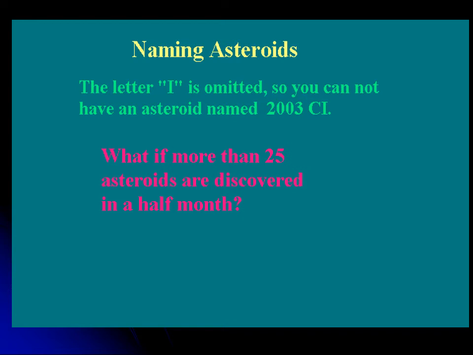The telescope just points here and takes a picture, points to another part of the sky, takes a picture, points to another part of the sky, takes a picture, goes back, takes a picture of the same thing over again an hour or two later, and the computer goes through and just finds moving dots. Okay, so these automated searches are discovering thousands of asteroids, and so way more sometimes than that 25.